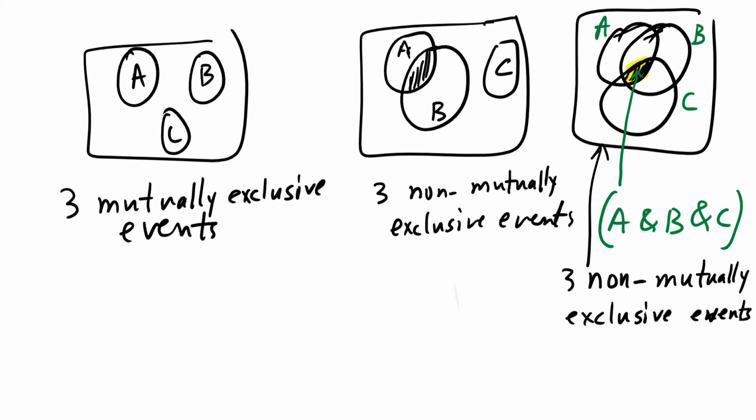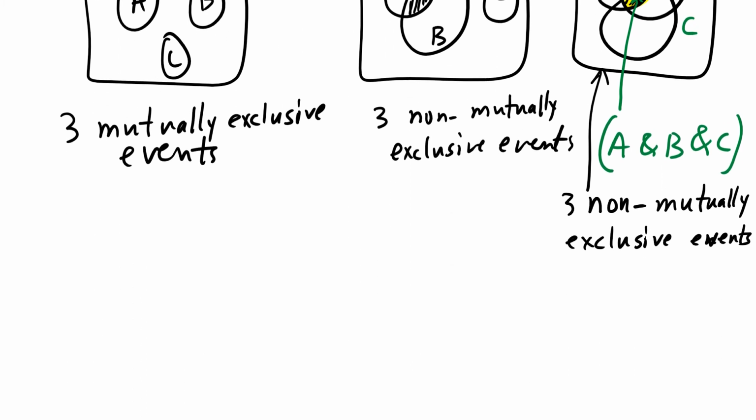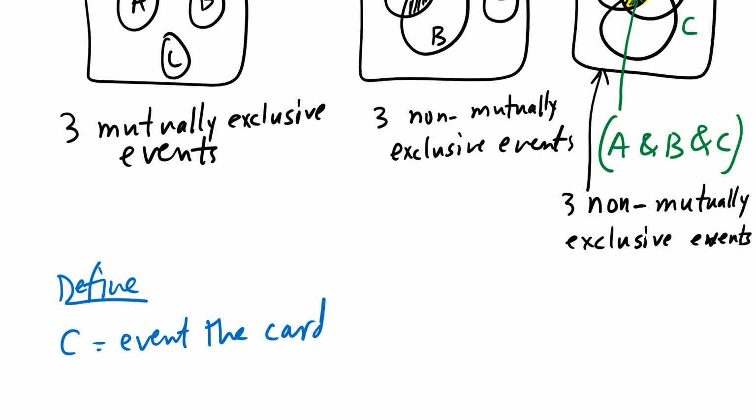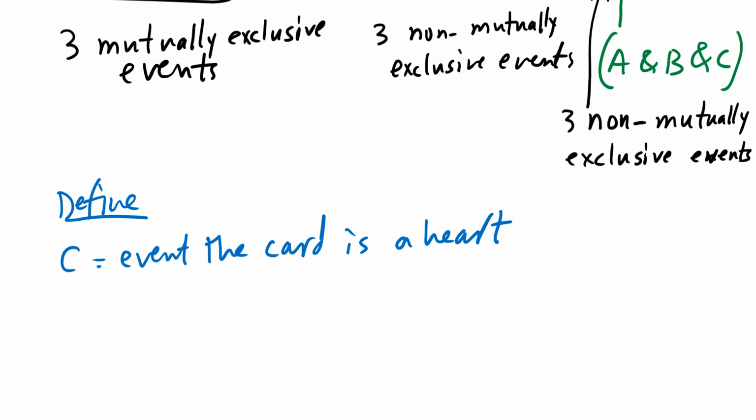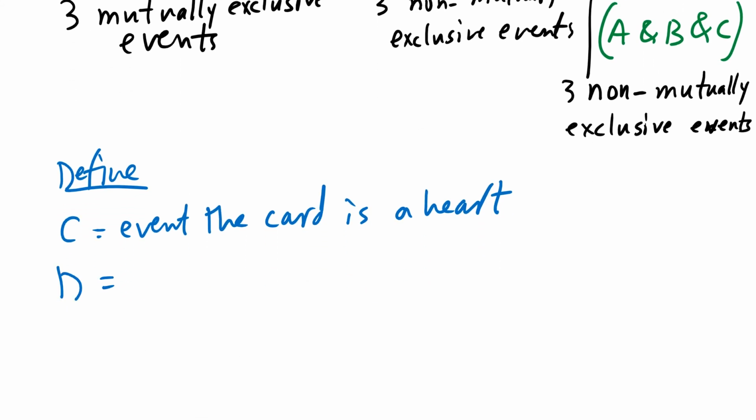Let's look at an example on this. Let's say you draw a random card from the 52 deck of cards and define each event. C is the event the card selected is a heart. D is the event the card selected is a face card.